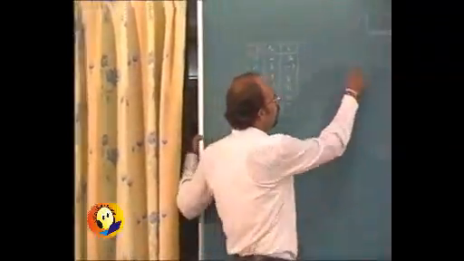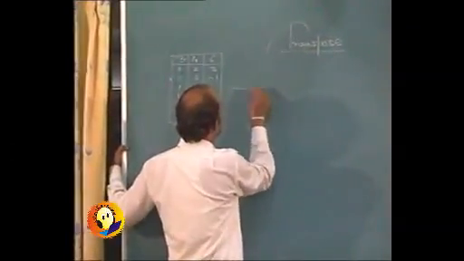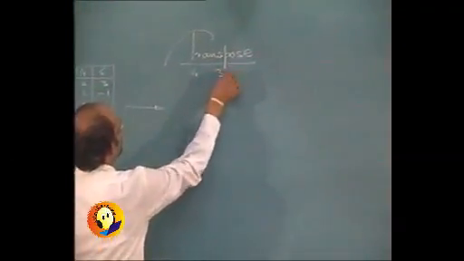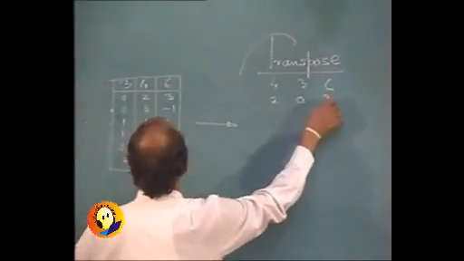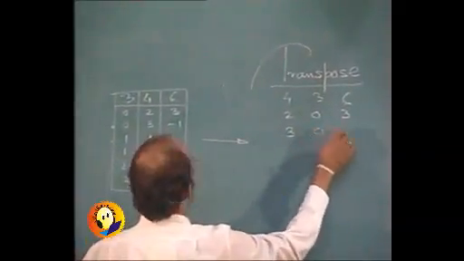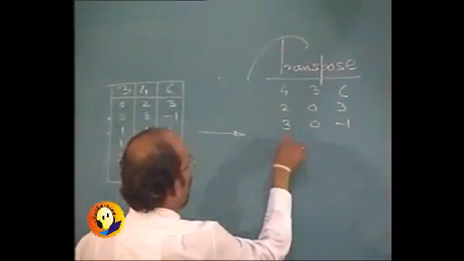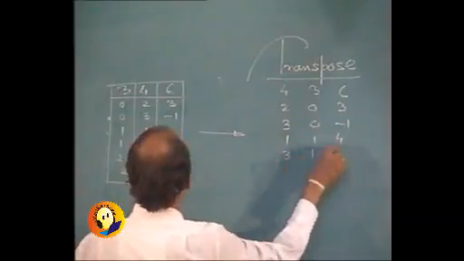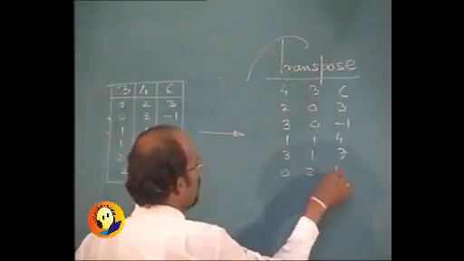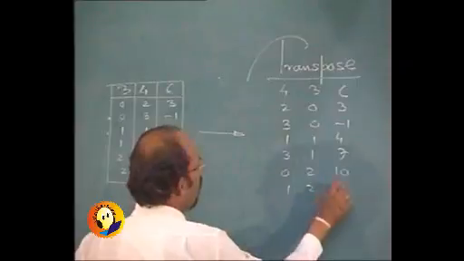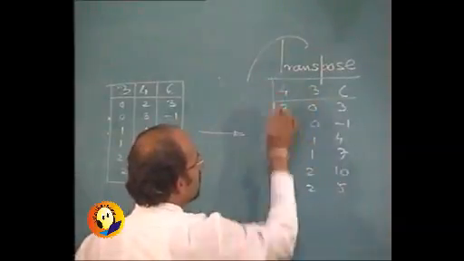Truly speaking, the transpose of this matrix will be 436, 203, 30 minus 1, 114, 317, 02, 10 and 125. Should be treated as the transpose, no?